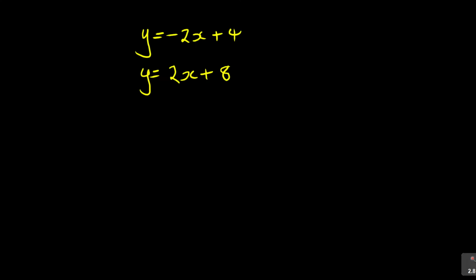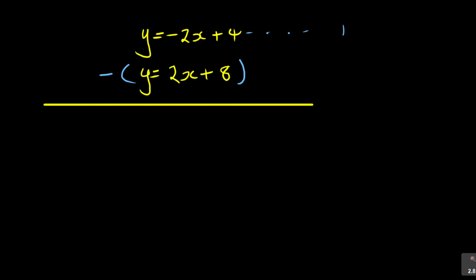So what you do, you write them one below the other. There are two ways. I'm going to get rid of y. When I want to get rid of y, I subtract. Let's call this equation 1 and this equation 2.